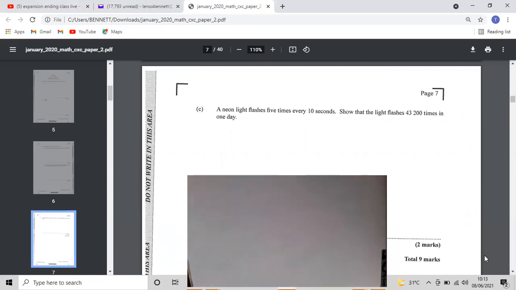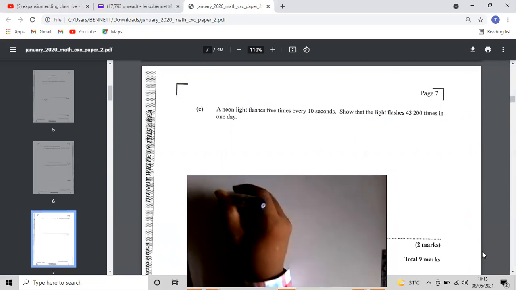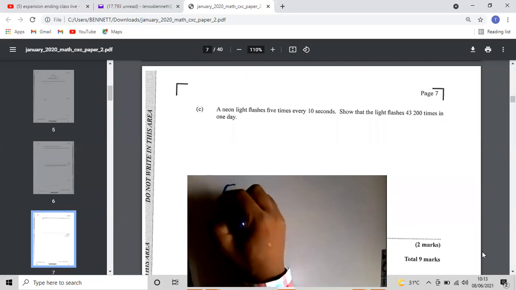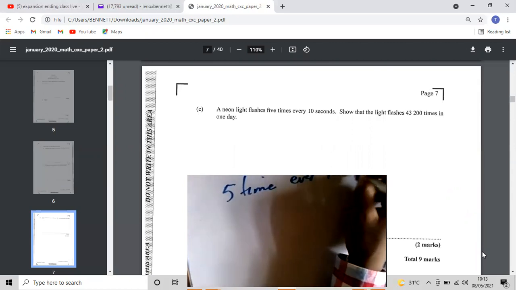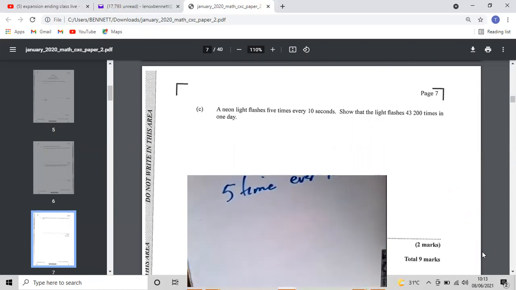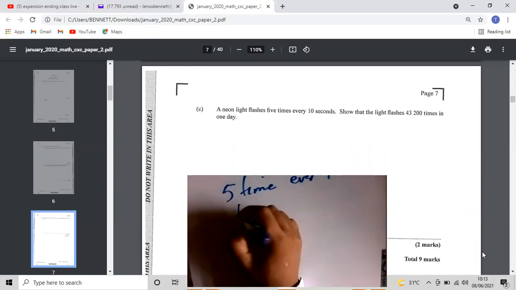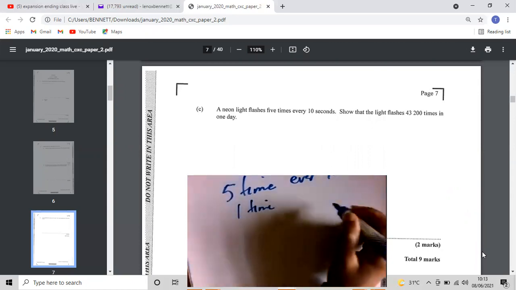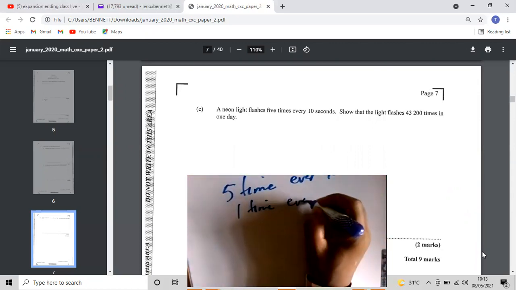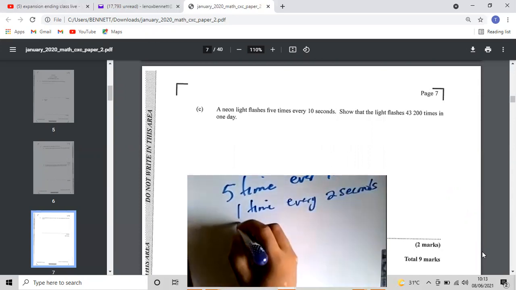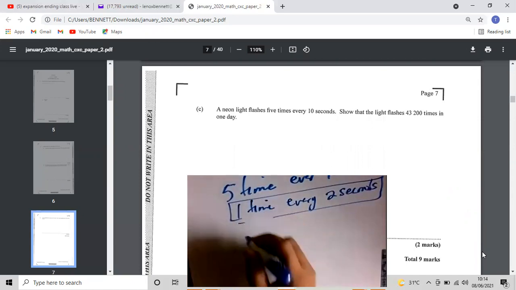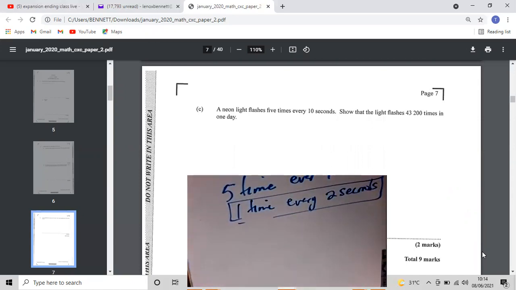Guys, I still have class, but we can still do this one before. It says a neon light flashes 5 times every 10 seconds. So just rewrite that: 5 times every 10 seconds. In other words, it flashes 1 time every 2 seconds. So 1 time every 2 seconds, or every 2 seconds, 1 time.